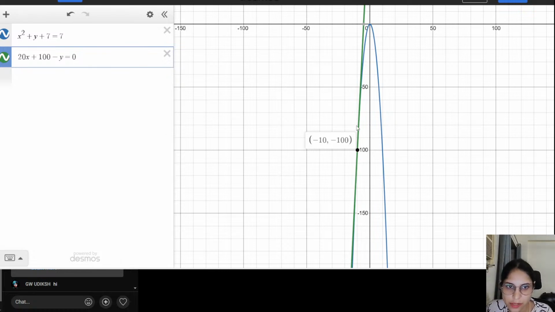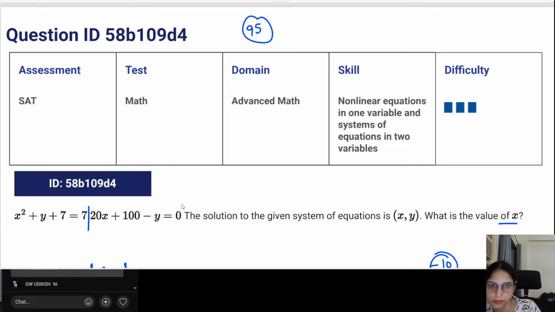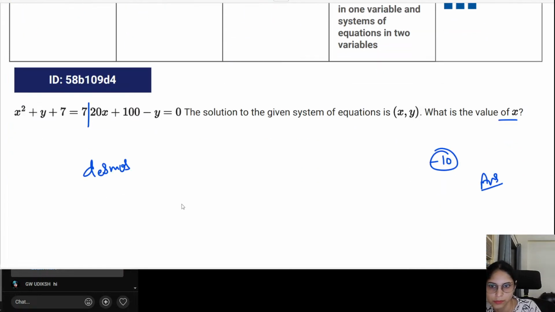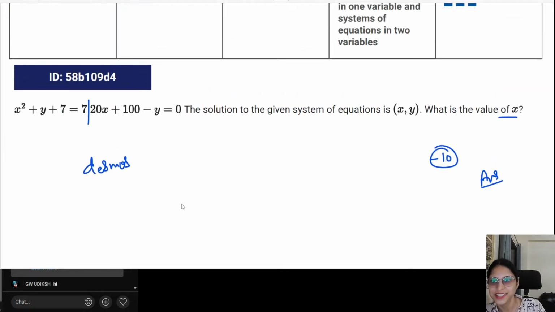Negative 10 comma 100, they will show you which point it is. So there should be a gray color point. Here it is. So negative 10 comma negative 100. Value of x is negative 10. Yeah, right on time. I was able to finish it.